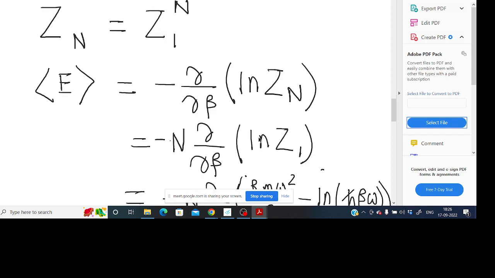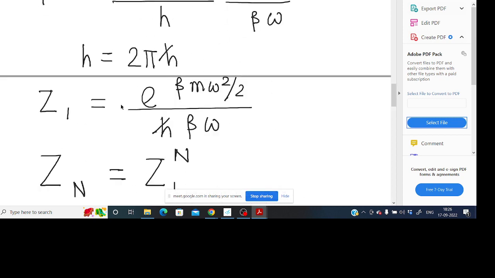So Zn is equal to Z1 to the power N, and log of Z1 to the power N is equal to N log Z1. So we get average energy equal to minus N del del beta of log Z1.